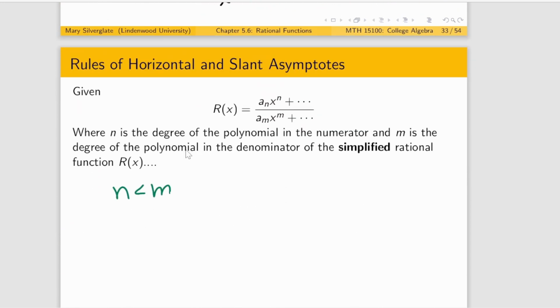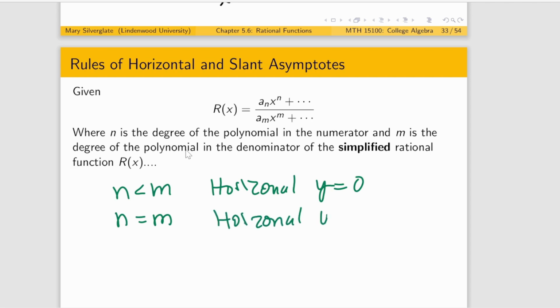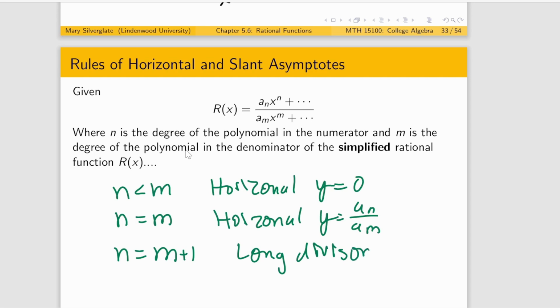So if n is less than m, horizontal at y equals 0. If n is equal to m, then that will just be a horizontal at y equals the ratio of those leading coefficients. If n is equal to m plus 1 exactly, then you have to do long division for a slant asymptote.